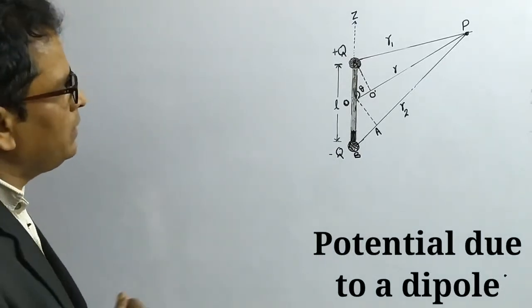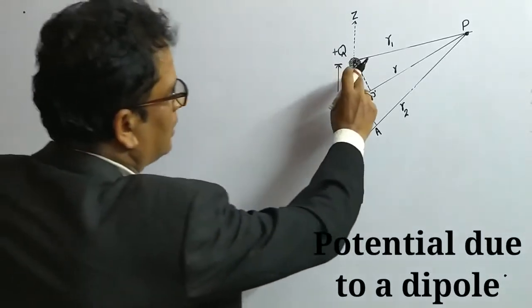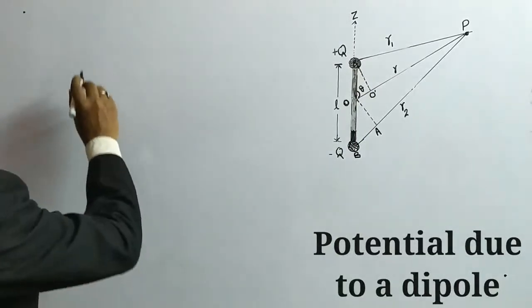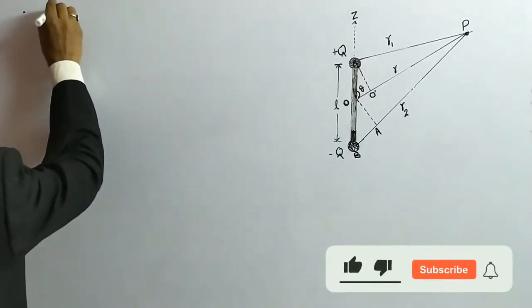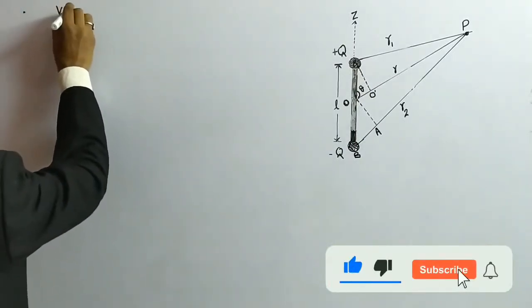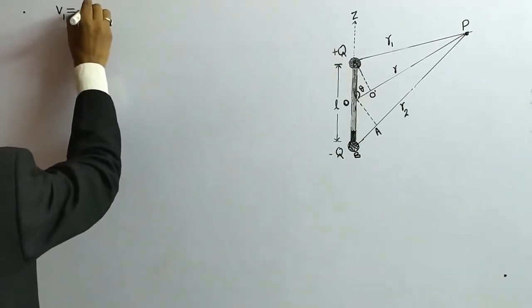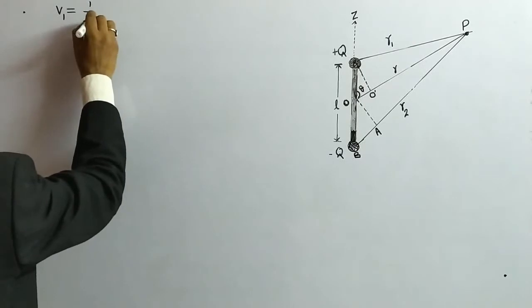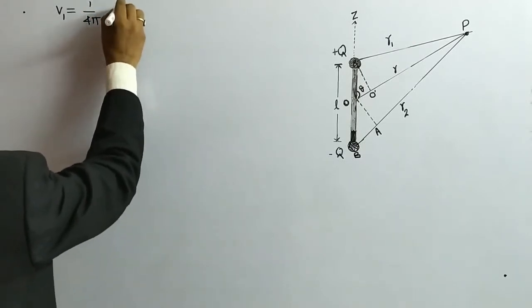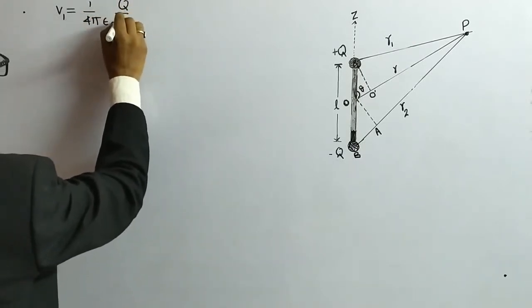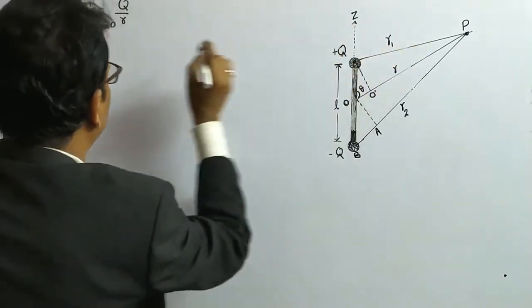Now the potential at P due to this positive charge q, let me call this V1. So potential at P due to this positive charge will be V1 equals 1 upon 4 pi epsilon naught, q over r1, the distance is r1.